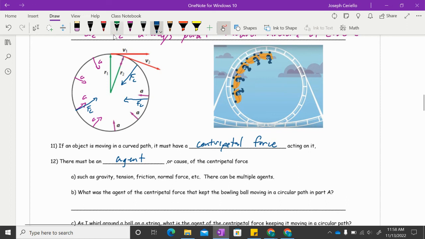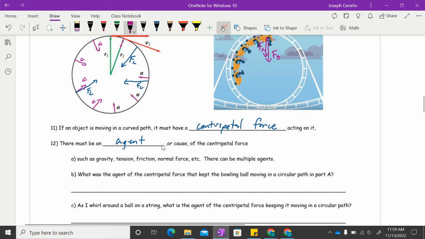For example, if we look at the top here, these people moving on the roller coaster, if I look at the very top person, notice they have gravity pointing towards the middle of the circle and normal force pointing towards the middle of the circle. So those would both be agents of the centripetal force in that case. Every case can be a little bit more complex or less complex, but that's the very basics of it. You would not draw centripetal force on a free body diagram.